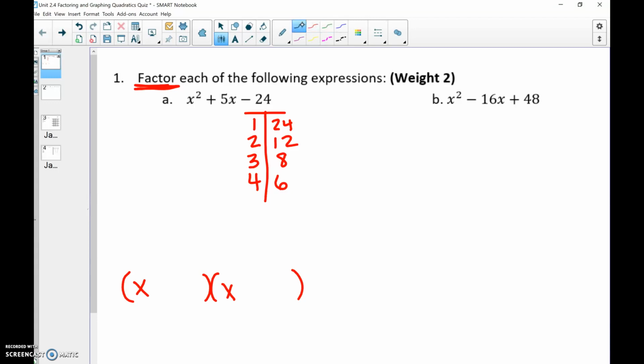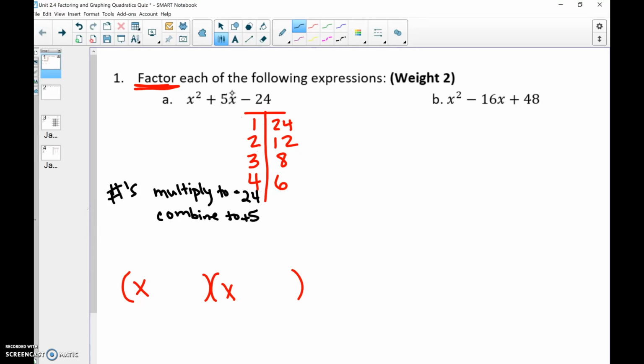Now remember, I'm trying to get two numbers, okay? The numbers need to multiply to 24, actually negative 24, but they also need to combine, so either adding or subtracting, to positive 5, that number in the middle.